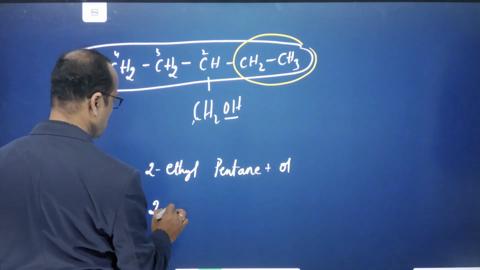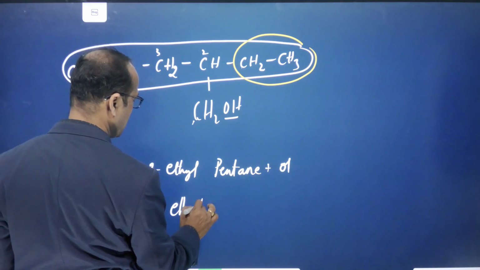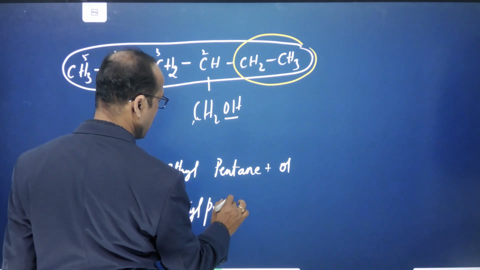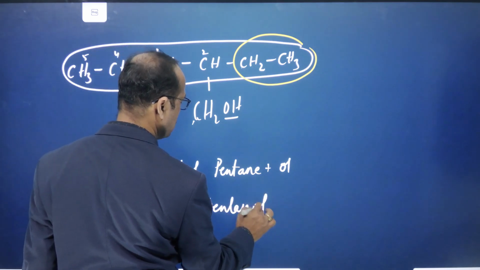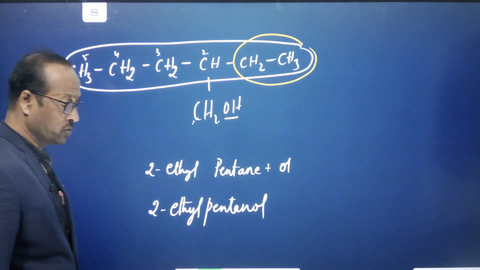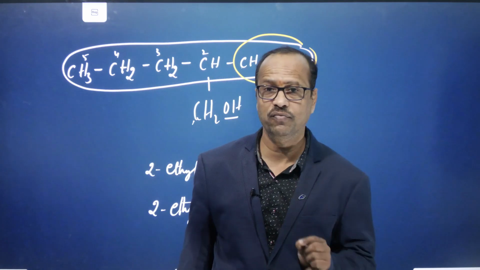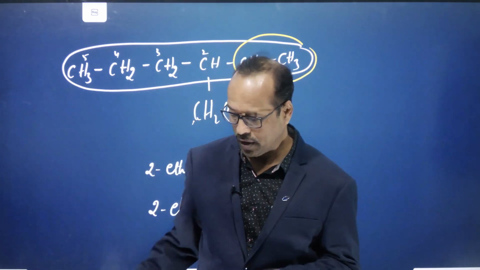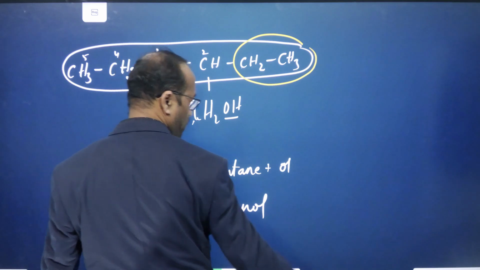If you combine this one, it becomes 2-ethylpentanol. Clear? So, this is the way of giving the name to carbon compounds consisting of one functional group. Clear? And like this, 2-3 more practice examples.